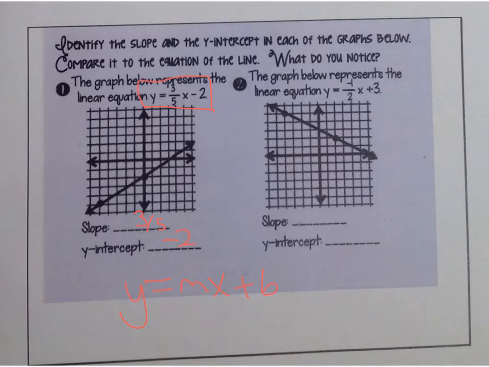This next one here, it's a slope that goes down again. In this case here, we've got the slope is negative 1/2, and the y-intercept is 3. So if it's already in the right format, which looks like this, it's really easy to identify slope and y-intercept.